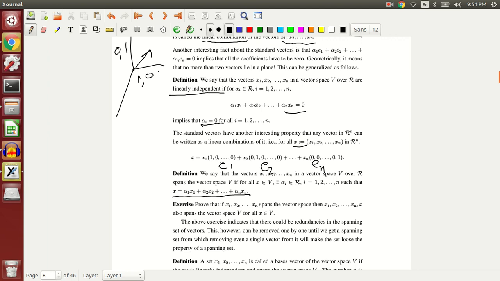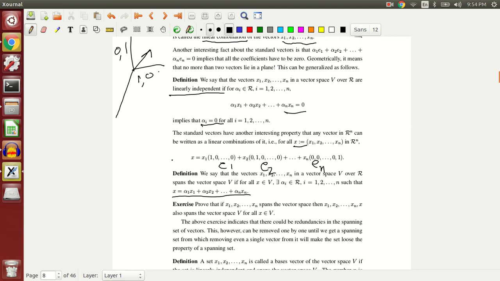So the idea here is, if you have a bunch of vectors whose linear combination forms a vector which is part of the vector space, and this is not quite clear with the definition here, let's say any vector.